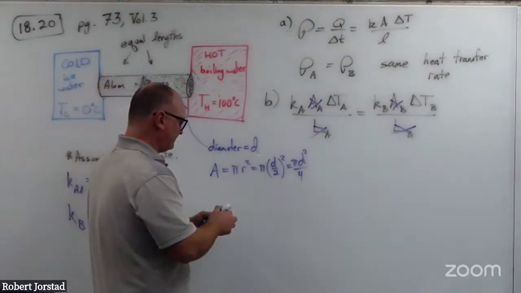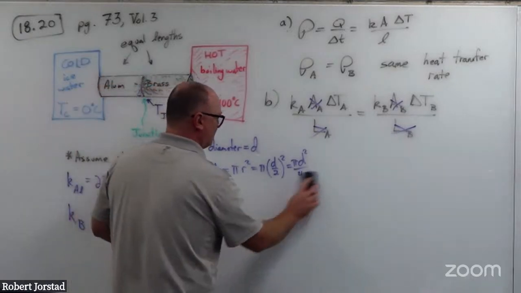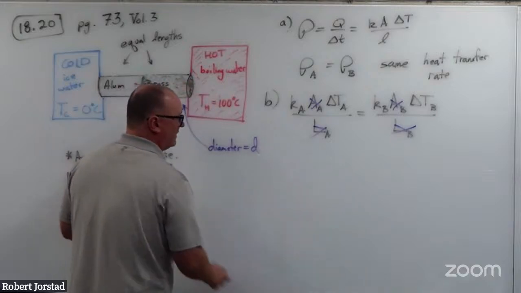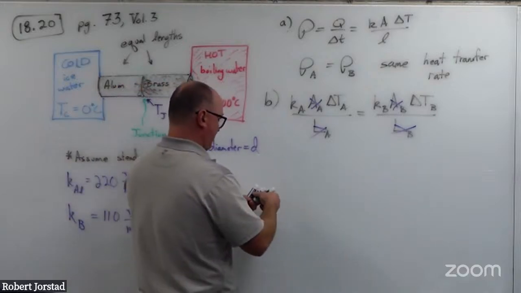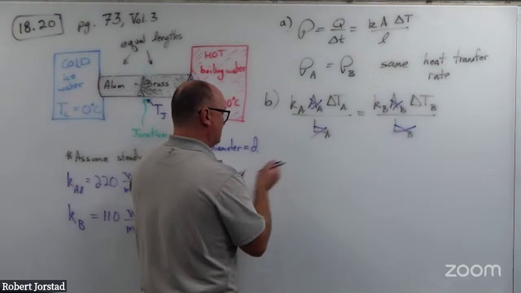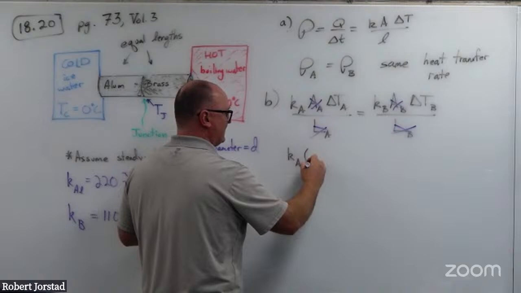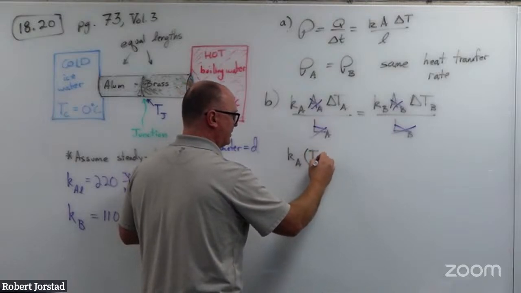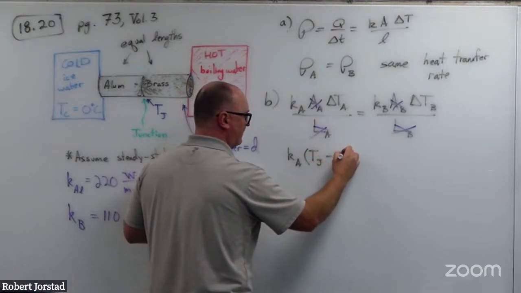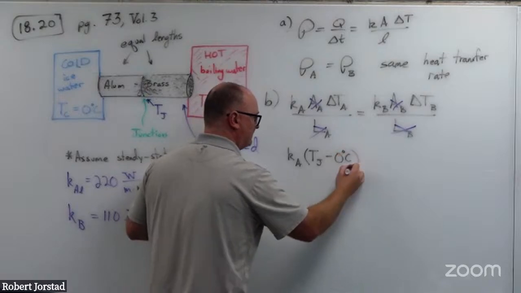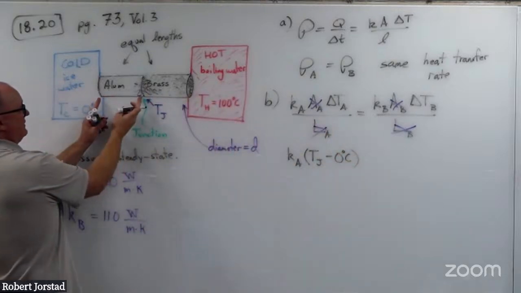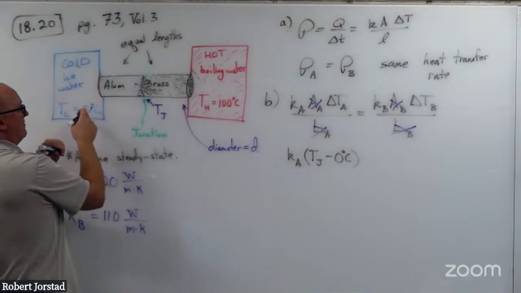All right. So in this case, let's work this out. I'm going to say, let's go this way. Ka times the temperature difference would be temperature at the junction minus 0. Right? The temperature difference across here would be Tj minus 0C.